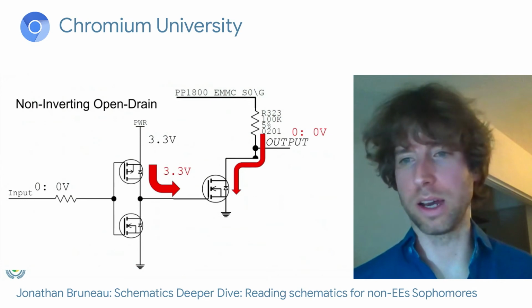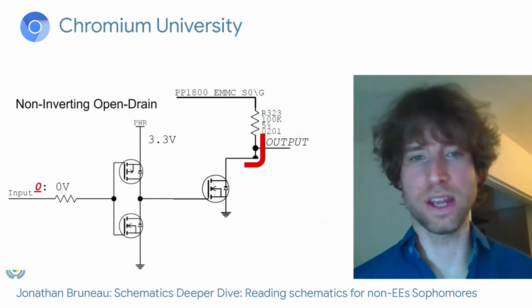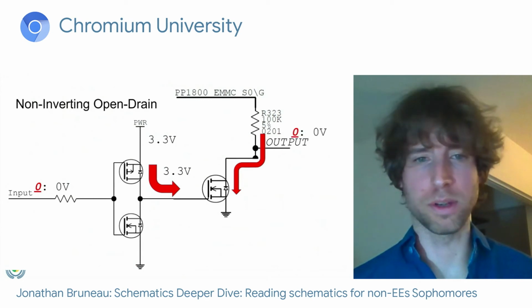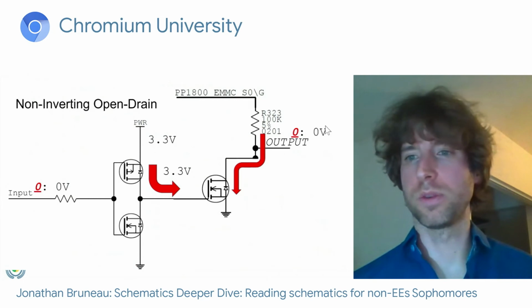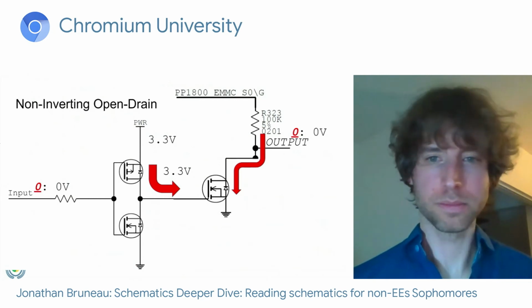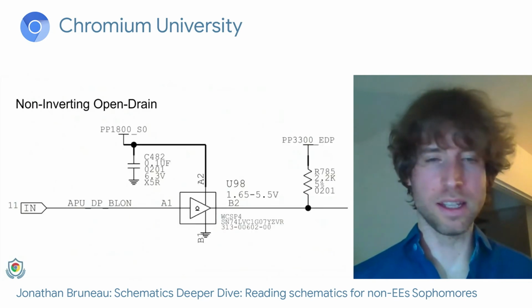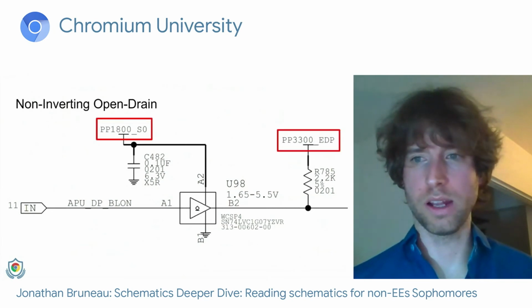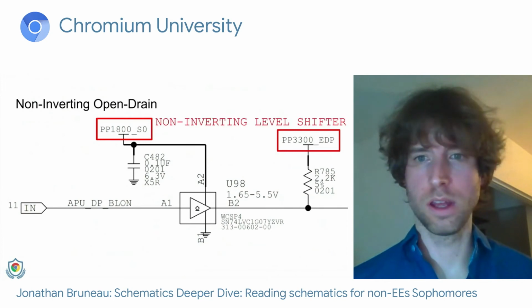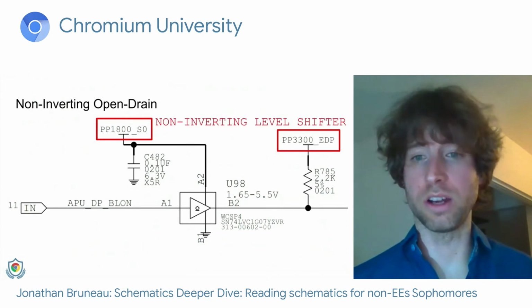So our output now will be 0 volts. So given 0 volts, we have 0 volts on the output. So effectively, this is what we're doing. We're just doing level shifting, right, from 1.8 to 3.3. And we're doing it in a non-inverting way.